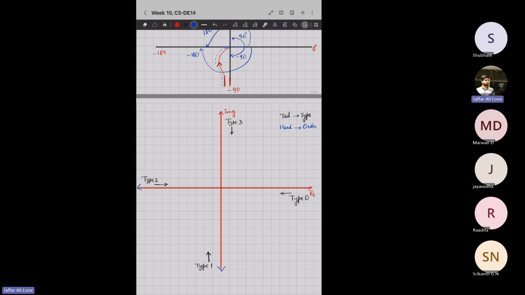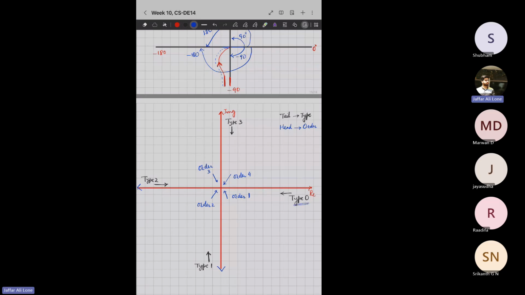Now see, order 1, order 2, order 3, order 4.